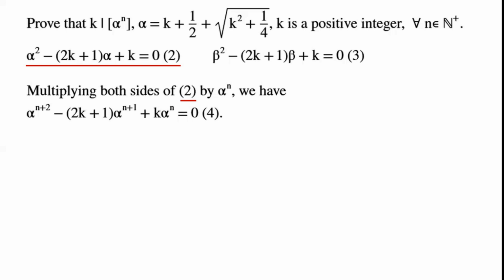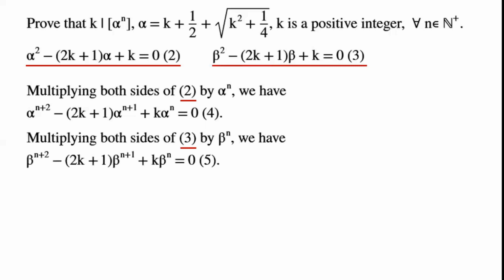Multiplying both sides of equation 2 by alpha to the power of n, we have alpha to the power of n plus 2 minus 2k plus 1 times alpha to the power of n plus 1 plus k alpha to the power of n equals 0.